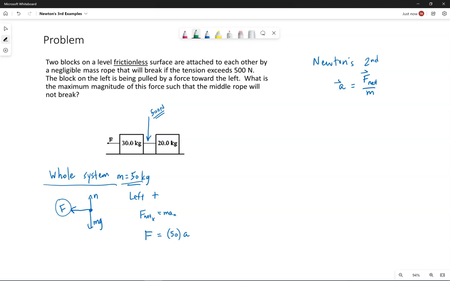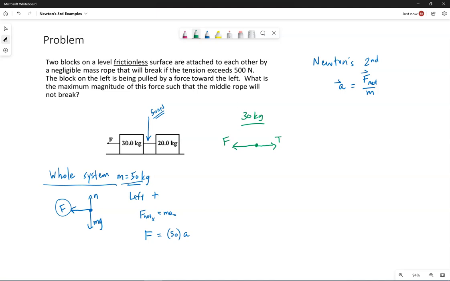Now, the other things we can look at is look at just the 30 kilogram box, or just the 20 kilogram box, or both. So for example, if we're looking at just the 30 kilogram box, we know this pulling force F is pulling to the left. We know there's the tension between the two boxes to the right.